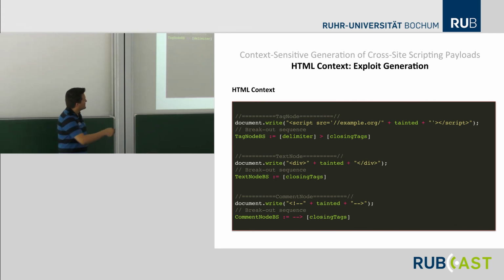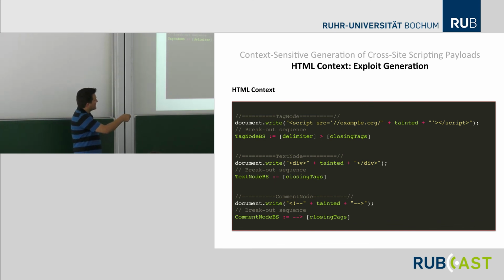And so if we are in a tag, an XSS payload is pretty easy to generate. So we only need to check, are we in an attribute? And if yes, we need to have the delimiter of the attribute in our payload as a first character. Then we are in the tag itself, so we need to break out of the tag to insert our script tag. So we need to close this tag by a closing angle bracket.